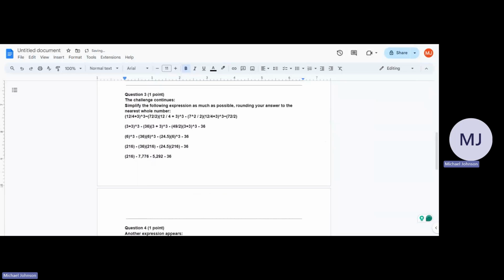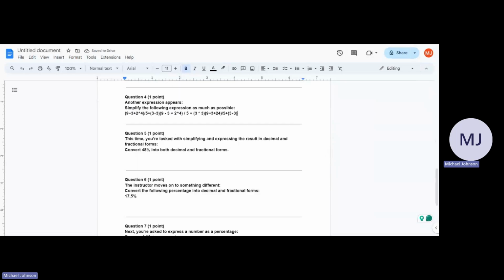So then you'd have to do 216 minus 7776 minus 5292 minus 36. And then that would equal negative 12,888. So that's how you do that one.